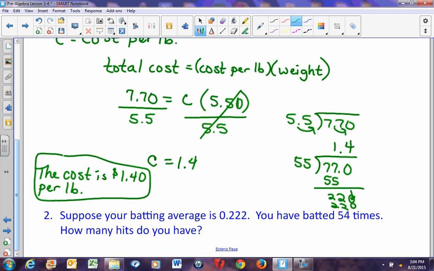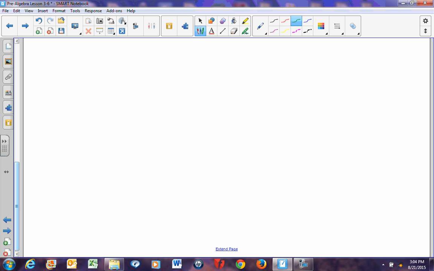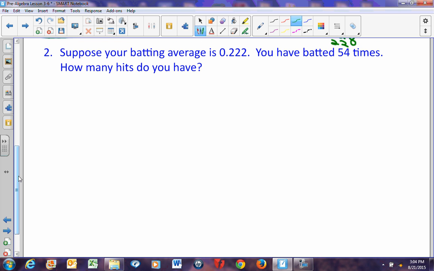Take a look at our second word problem here. Suppose your batting average is .222. You've batted 54 times. How many hits do you have? Just in case you didn't know, batting average equals number of hits divided by number of at-bats.